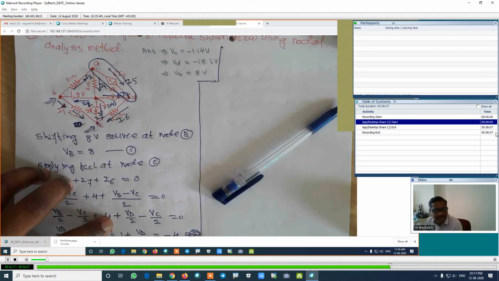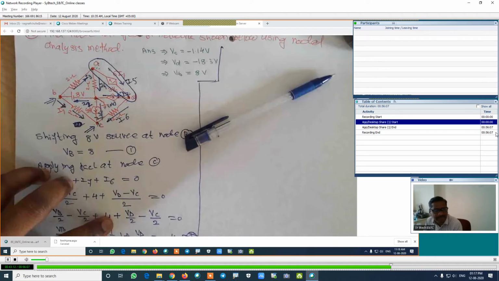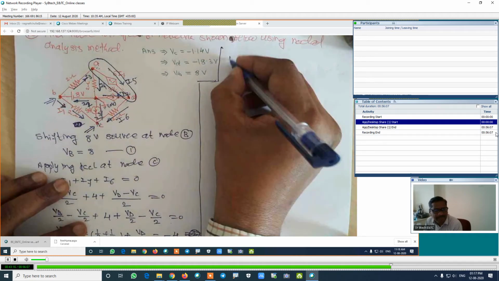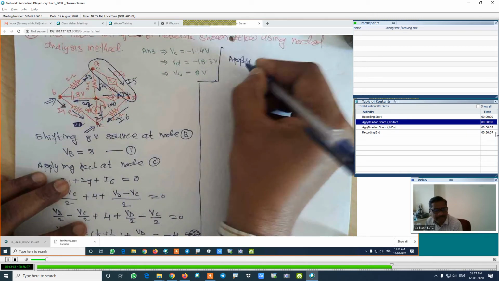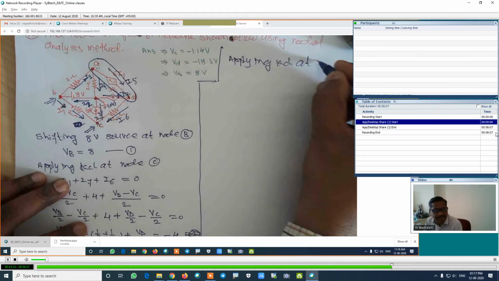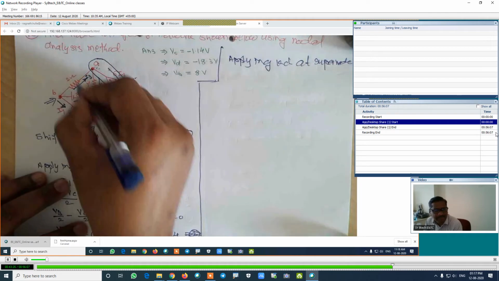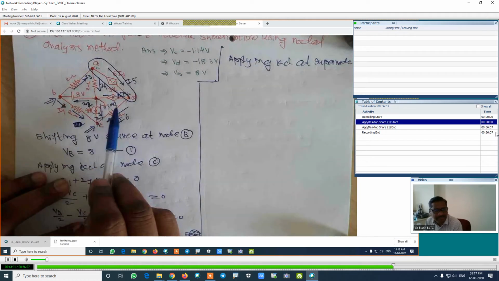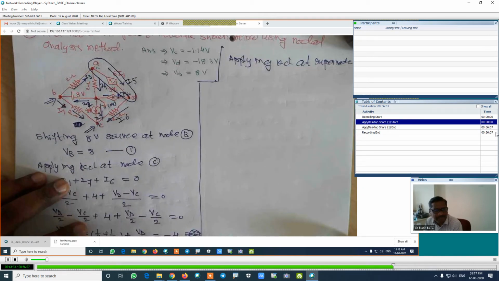Now look at whatever shape I have drawn, how many branches are touching? Try to understand the concept. This branch is touching this node, this one, this one, and this one. 4 branches are touching the super node. Is it right?